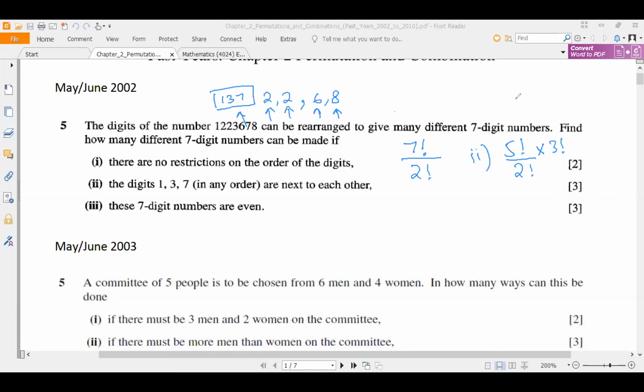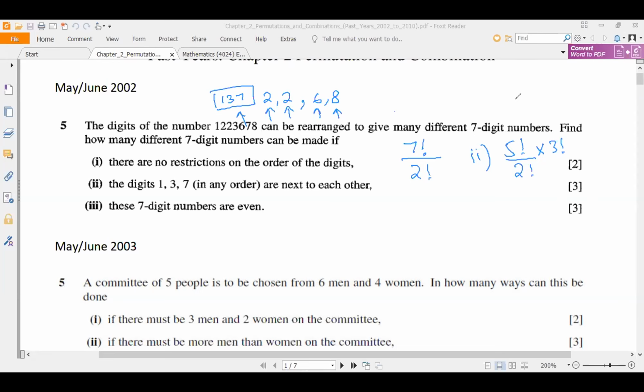If anyone has done it, tell me, share, so that I have an idea how far you have reached. Sir, I did 6 factorial into 3. Ayesha did 6 factorial into 3. Anyone else? Sir, I also did 6 factorial into 3. 6 factorial plus 6 factorial over 2 factorial plus 6 factorial over 2 factorial. So Zaha, I think you are saying that 6 factorial plus 6 factorial, 2 times you will divide by 2 factorial and 1 time you will not divide, right?